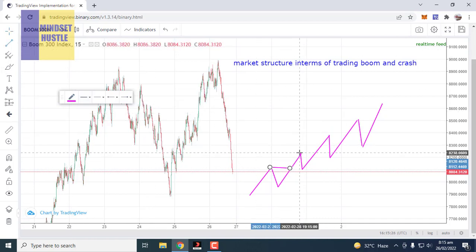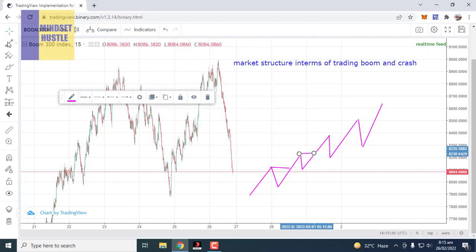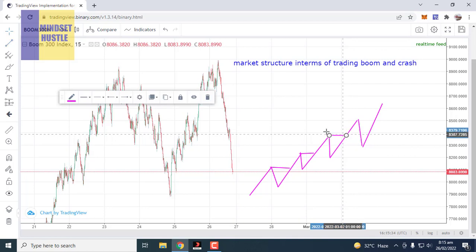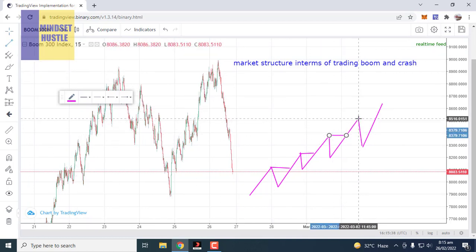As the market moves up, it breaks any high that is formed. Any high that the market forms is broken, and the market forms a new high after breaking that high.